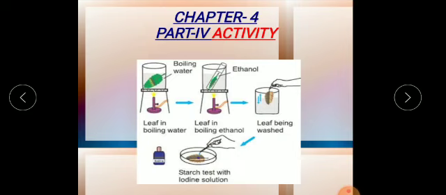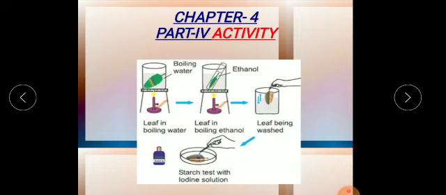So remember these steps. These are very important steps. First, boiling in water to kill the germs, to kill the enzymes, and to make the leaf permeable, so that it will allow the iodine solution to enter inside the leaf. Then with ethanol, it will decolorize the cells and remove all the chlorophyll, and it will make the green leaf brownish or pale white.